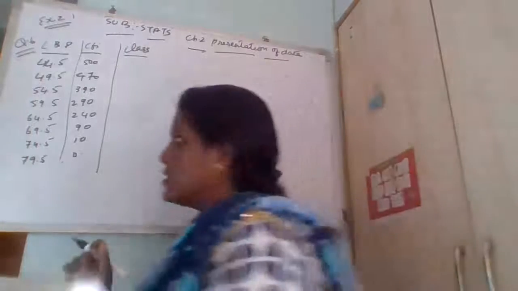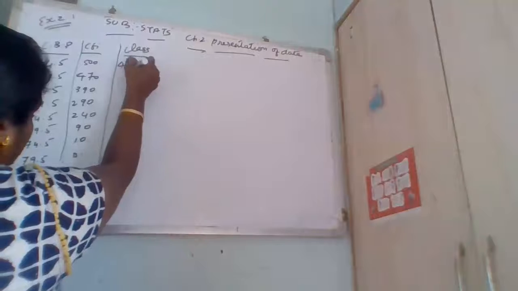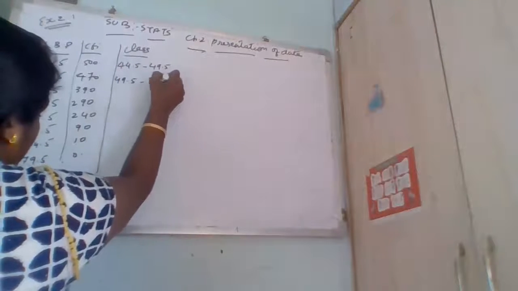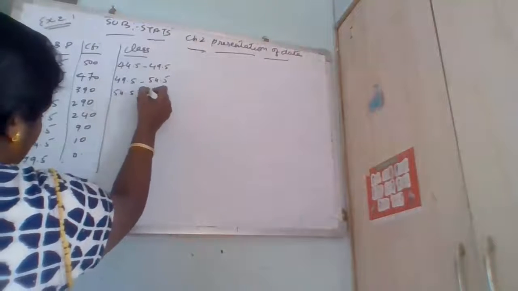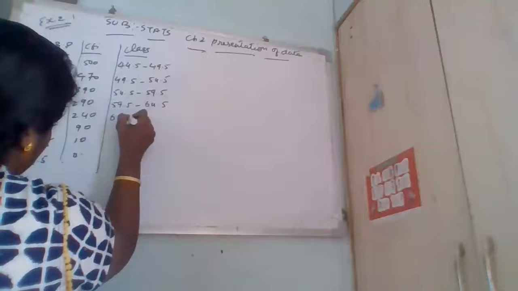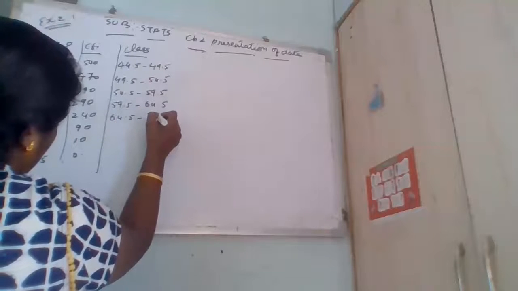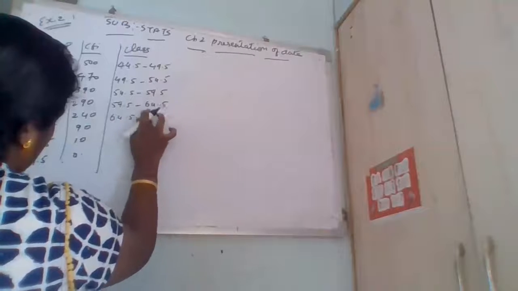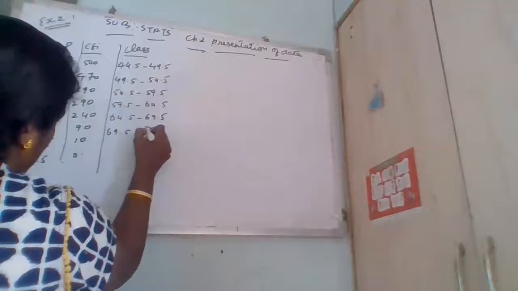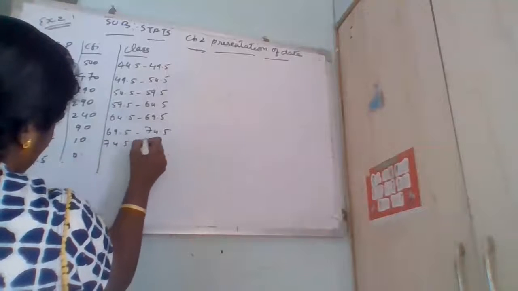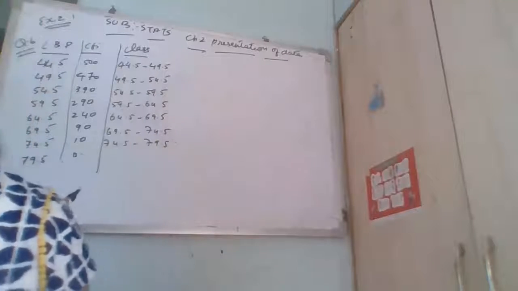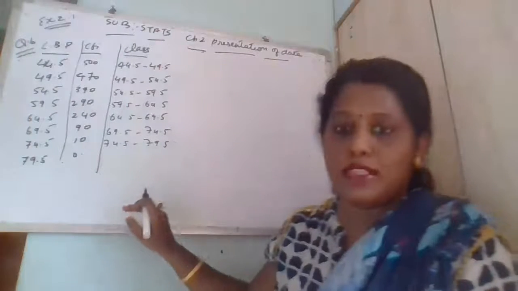So what will be our class? Our class is 44.5 to 49.5. Right? So this is our class.